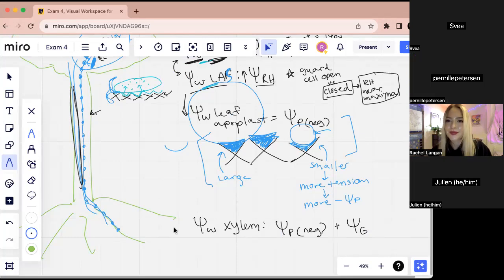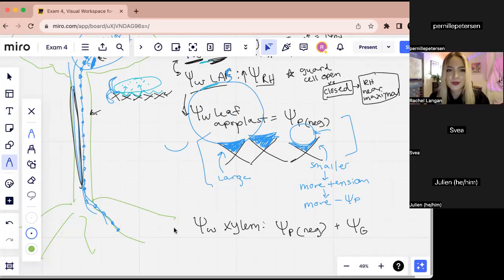You're welcome. Yes, another question. I was wondering if you could really quickly just explain the difference between symplast and apoplast, because I always mix them up. Yeah. So if this is a cell, the inside is the symplast, and the outside where the cell wall is the apoplast.